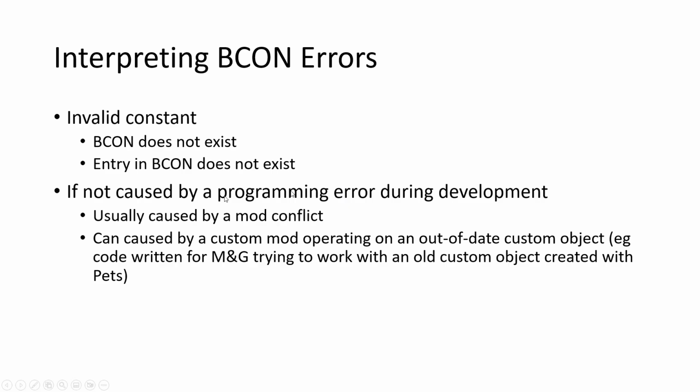If it's not caused by an idiot programmer during development, they're usually going to have been caused by a mod conflict. So you've got two mods that are affecting the same beacon. One has added more entries to the beacon and the other has changed some entries in the beacon. And depending which way round you load those two mods, you'll either have the extra entries but with the old values, or the new values but without the extra entries.